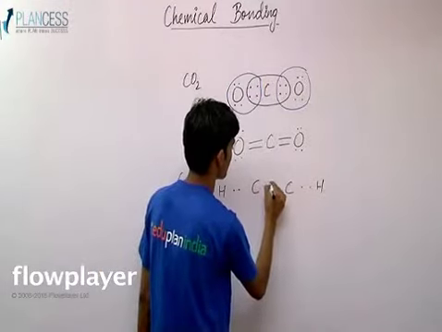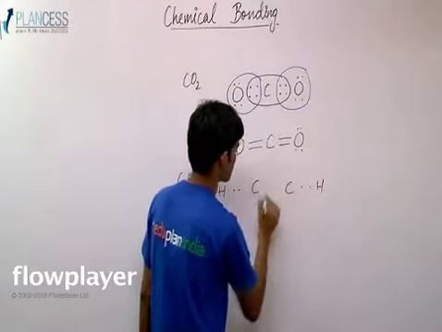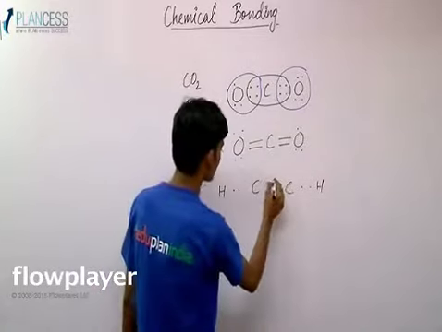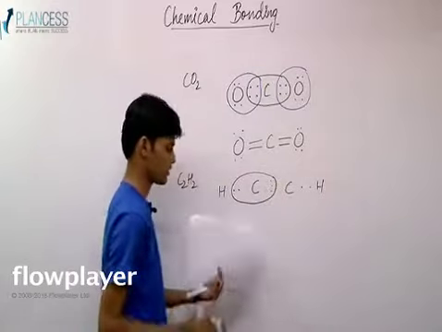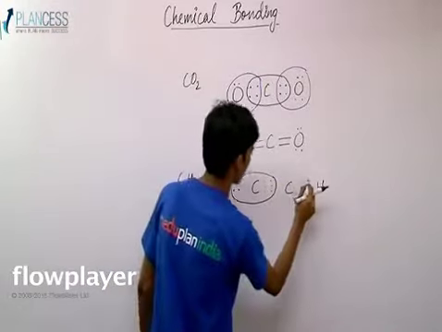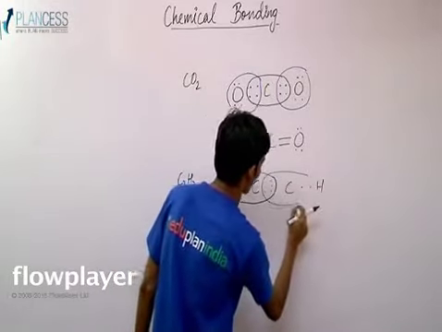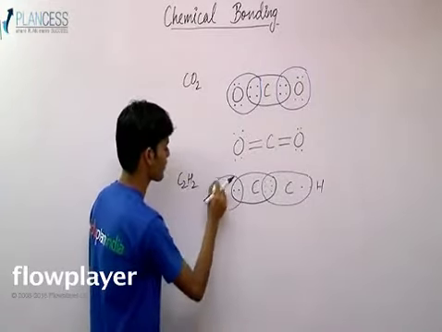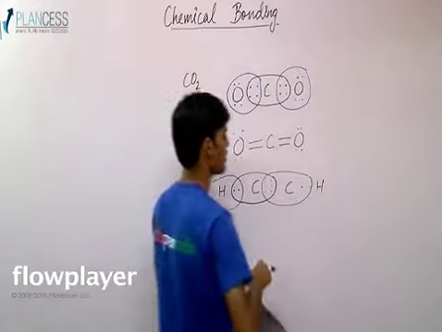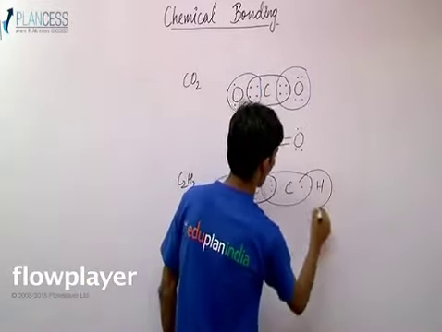It is something like this, with 3 shared pairs here. So this is the octet completion for this carbon and for the other carbon, and each hydrogen will have the configuration of helium.